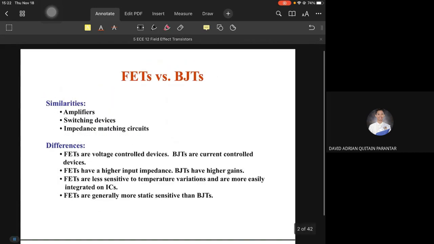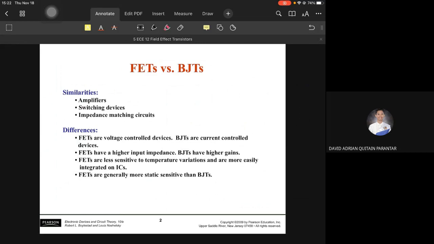Okay. So this slide summarizes the similarities and differences of BJTs and FETs. Their similarities are in their applications. Both BJTs and FETs could be used as an amplifier, as a switch, and as an impedance matching circuit.